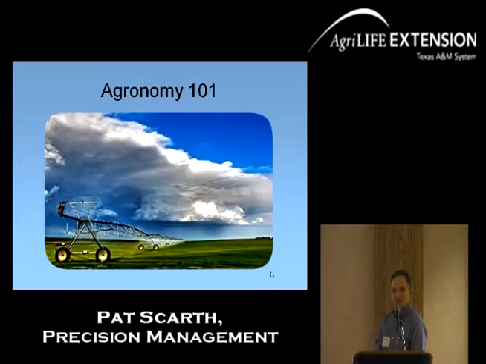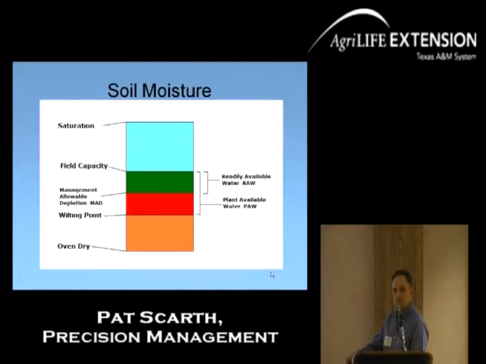And just to review some of the stuff that Dave's already talked about on the agronomy. We've got our soil profile, and if we had a bucket of water or a block of soil, and we were to fill that block completely full to where all the air spaces, all the air was forced out, we'd be at what we call saturation.